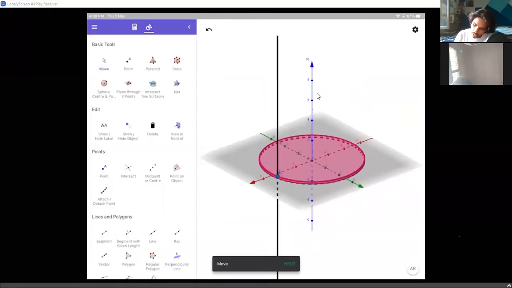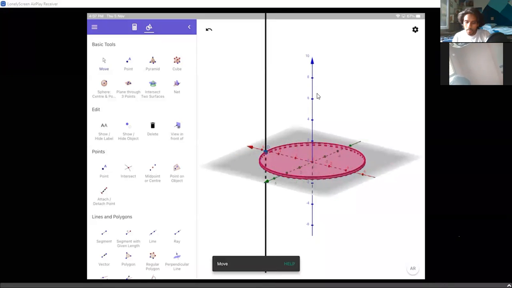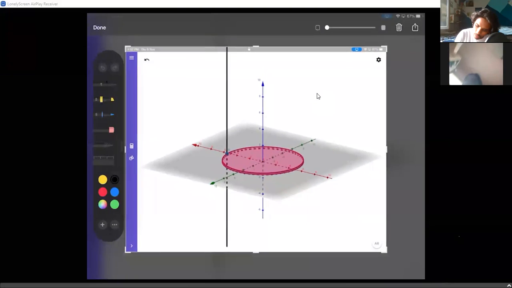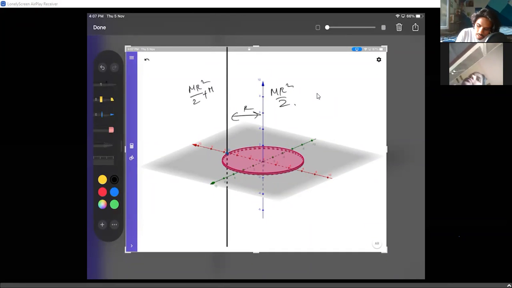In this case, obviously the moment of inertia is something that we've already done. About this axis, it is mr square by 2. We know that the distance is r, so it is nothing but mr square by 2 plus mr square. So that's an easy value.